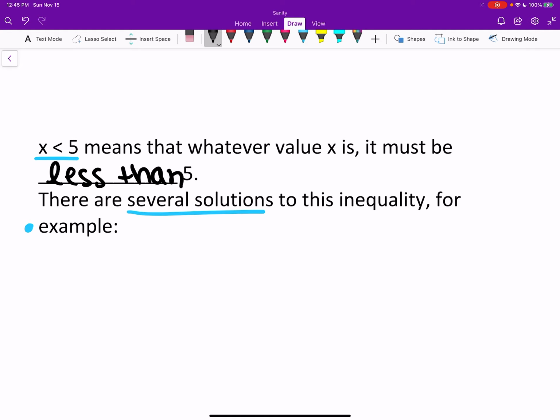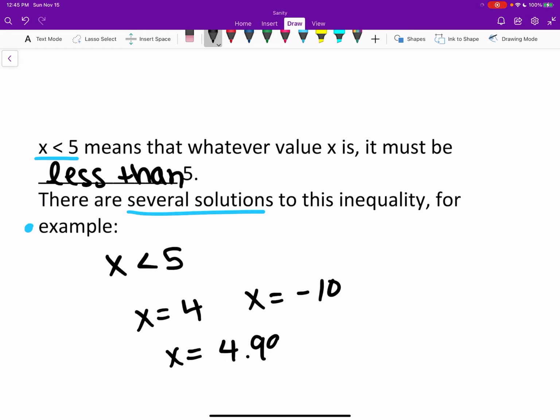But if we're looking for solutions to inequalities, it could be several solutions because if we're looking at x less than 5, x could be equal to 4. X could be equal to negative 10. X could be equal to 4.991. There's a ton of different solutions.